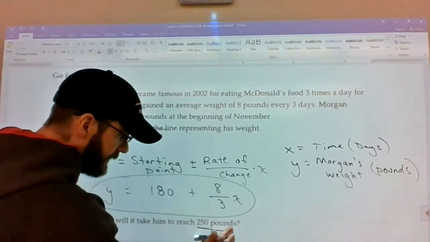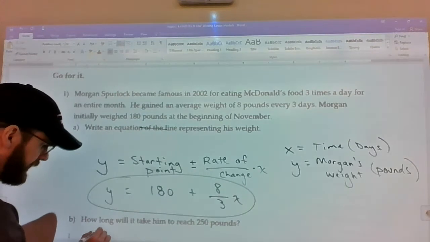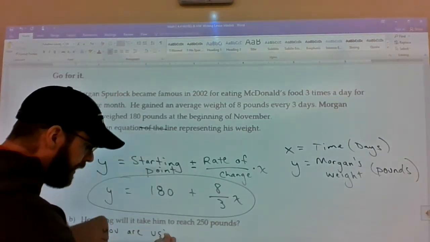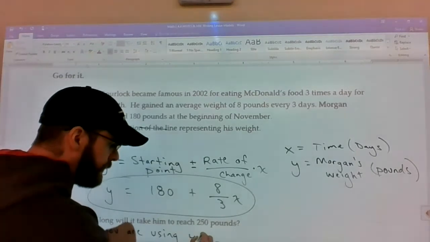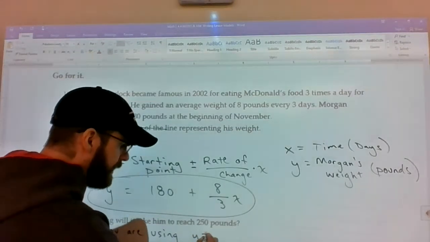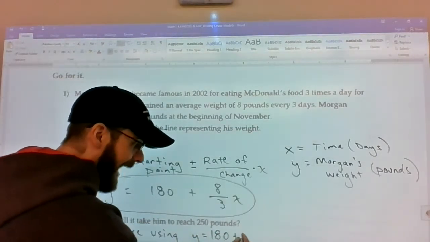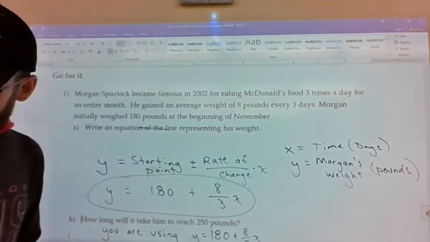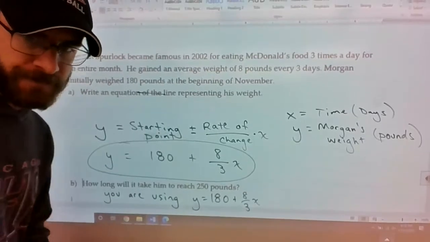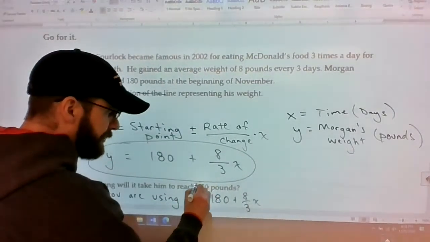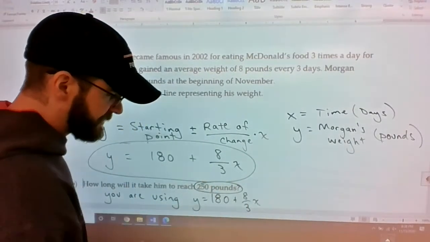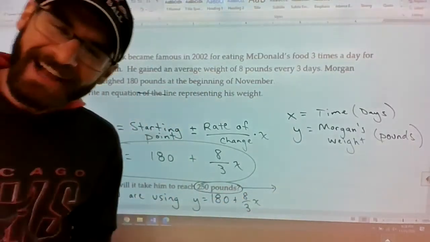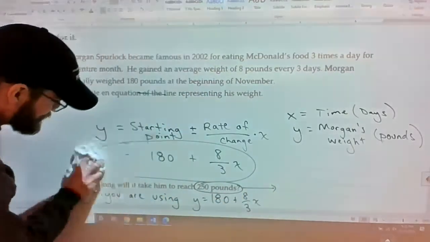For part B, you are using the equation y equals 180 pounds plus 8/3 pounds per day. You're using that equation right there. 250 pounds tells us, you know what, I think we need a little more room here.